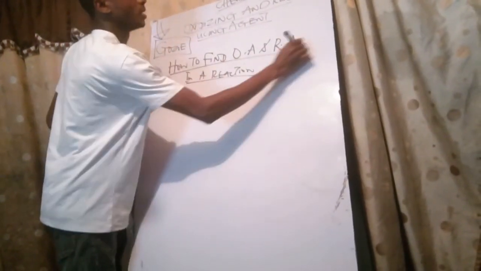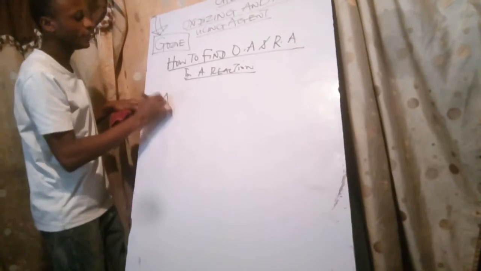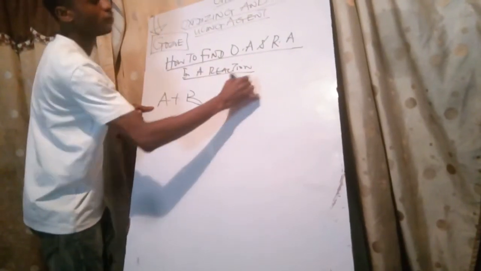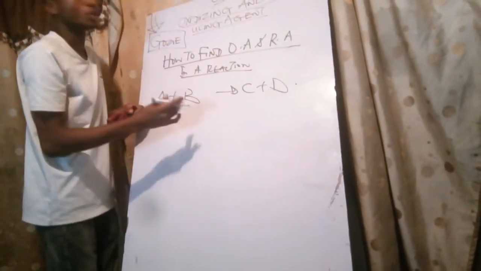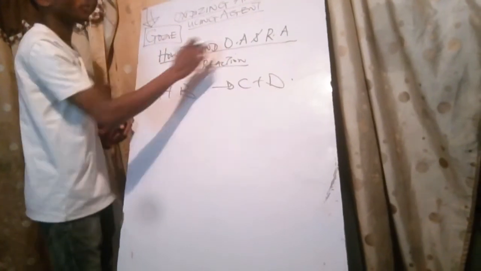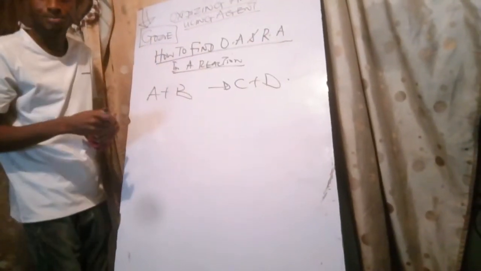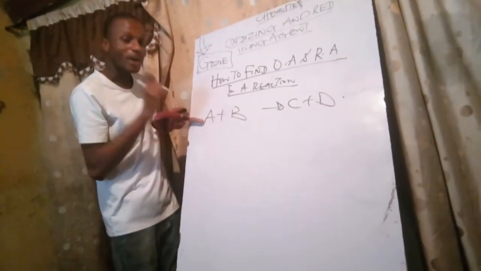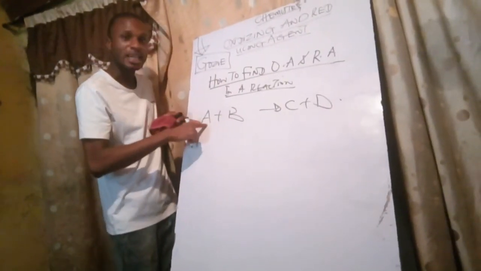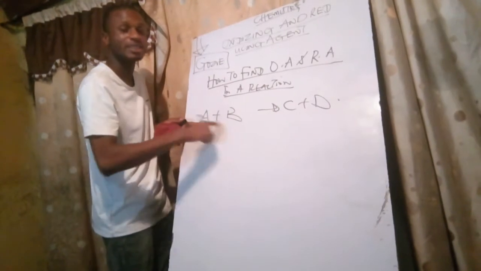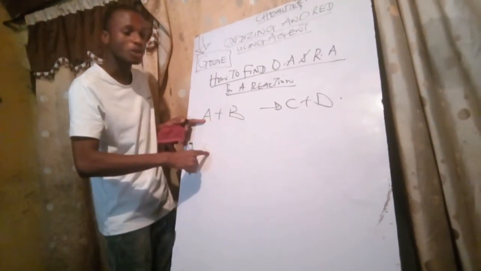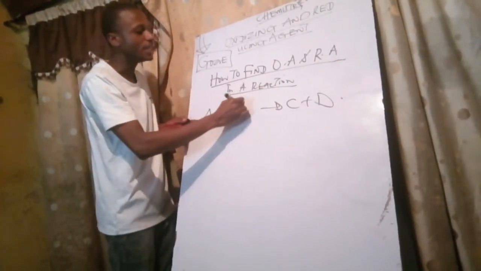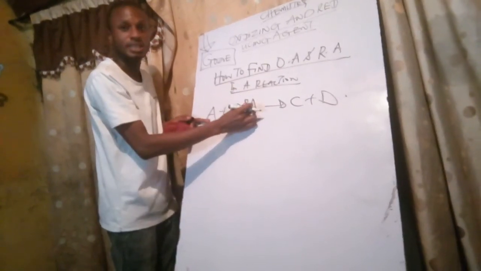Now, if this is a reaction, A and B to form C and D, you don't have anything to do with the products when finding the oxidizing agent or reducing agent. If you find out that A has undergone reduction in this reaction, then B is the agent of the reduction, the reducing agent.